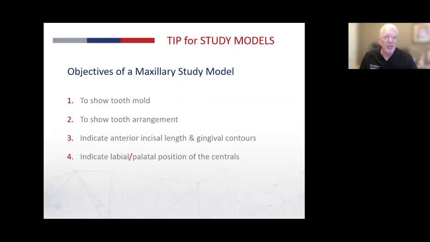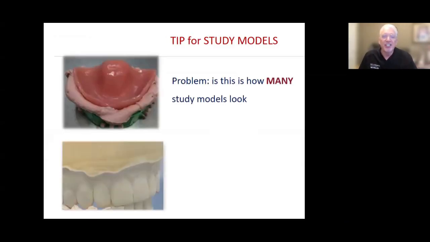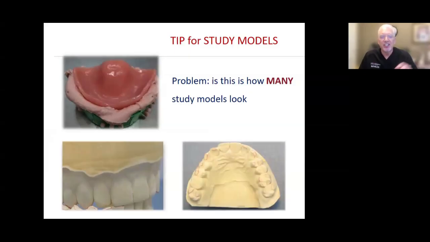The other thing I want to share with you, the study models. The lab needs to see. A lot of these patients say, oh, no one knows I'm wearing a denture, so make it just like my old one, just like it. And so you want to share with the lab that information. So what happens is you tell the assistant to take an alginate impression of their denture. They put the denture in the alginate tray and pour the model, and this is what you get.